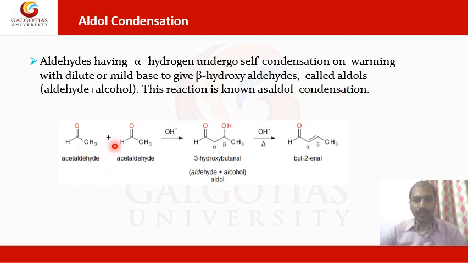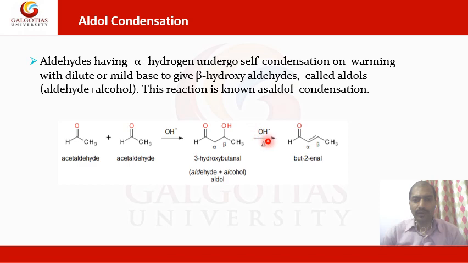Under this reaction, two molecules of acetaldehyde are going to react, they are going to condense, and they make the product. Here this is 3-hydroxybutanal. This has an aldehyde group plus an alcoholic group, that is why this is called aldol.